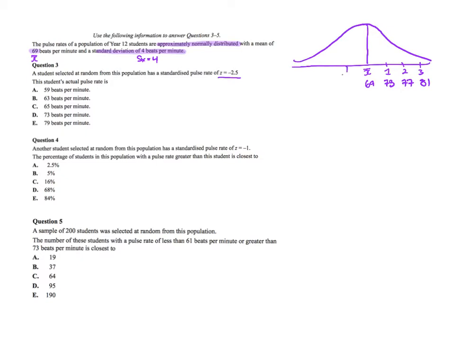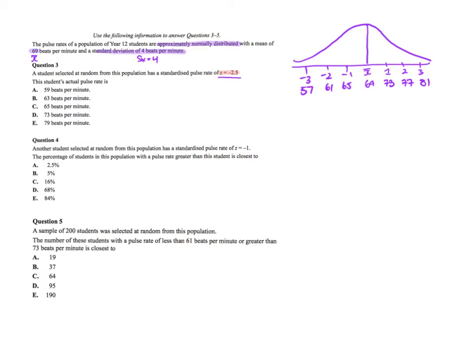If I go down my standard deviations, I'd be minusing 4, so I'd be on 65, 61, and 57.